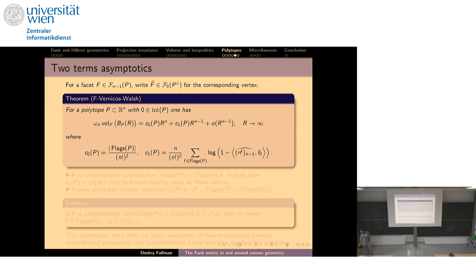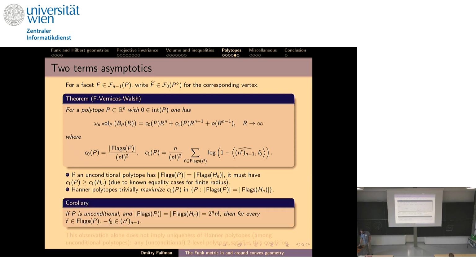Yeah, so that's a long and tedious computation, and there is some almost miraculous cancellation going on, but I don't have much insight yet. But you get this combinatorial invariant, and it immediately allows you to deduce something about the equality cases in Kalai's conjecture for unconditional polytopes.